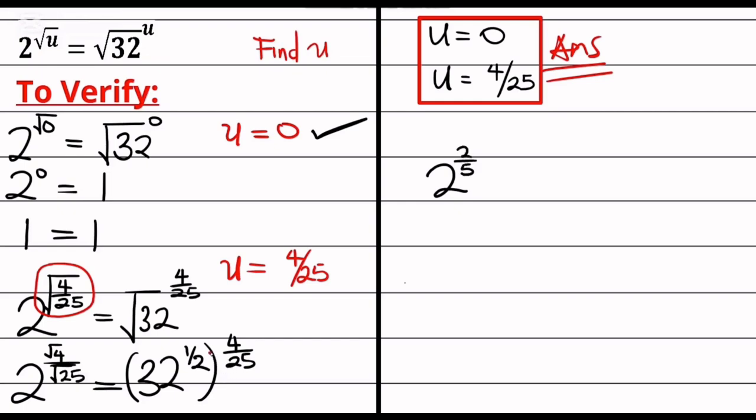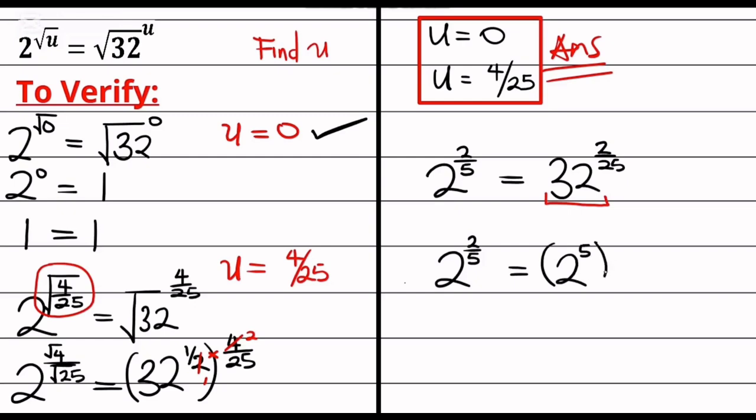Then we're going to multiply this according to the index rule. Half goes here, 1, and half goes here, 2. At the end of the day, we have 32 to the power of 2 over 5. And the next thing we're going to do, we're going to rewrite this 32 in the form of an index. We now have 2 raised to the power of 2 over 5, and this equals 2 raised to the power of 5.